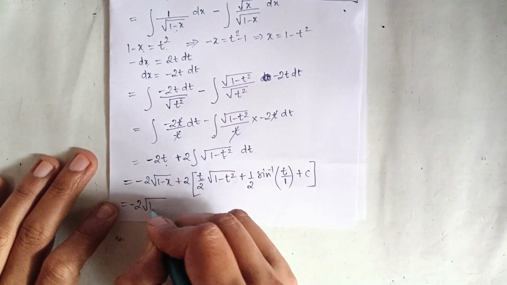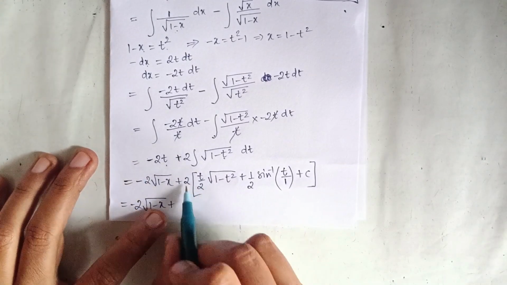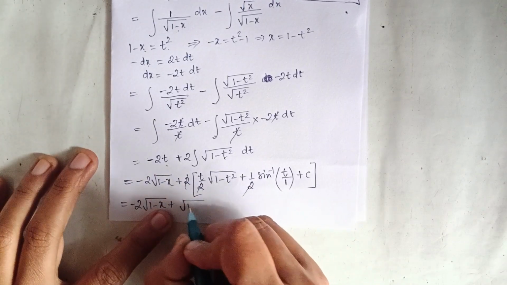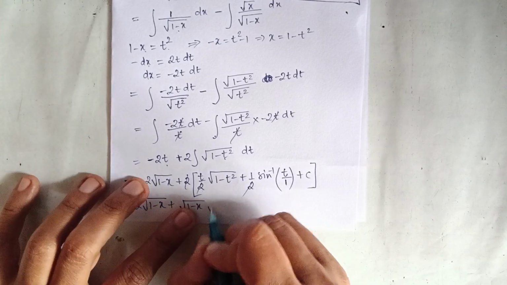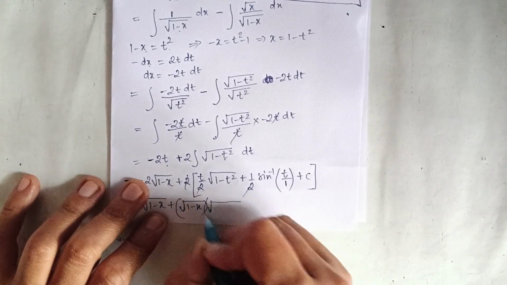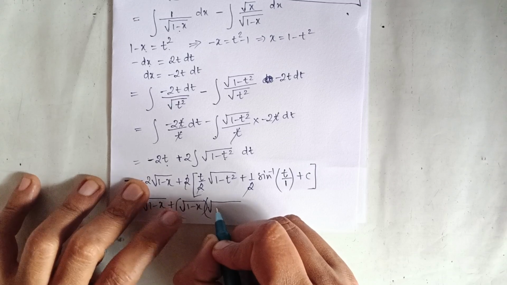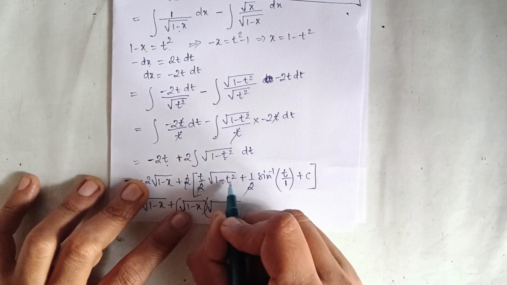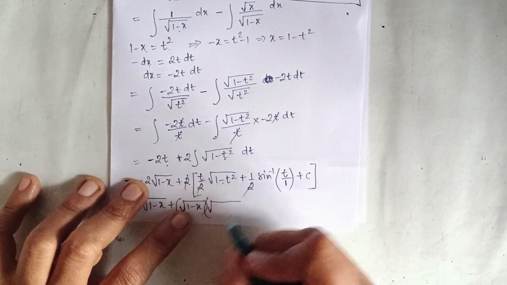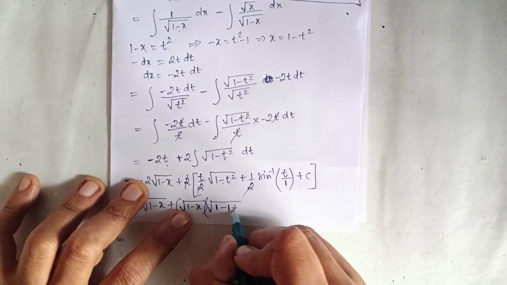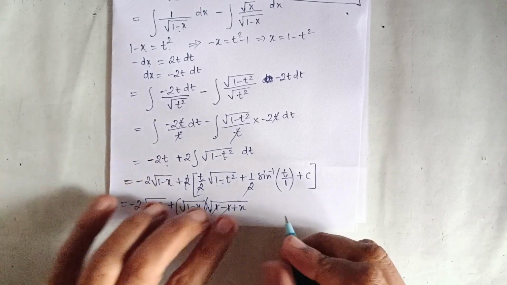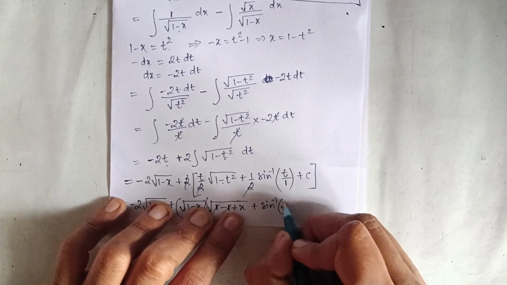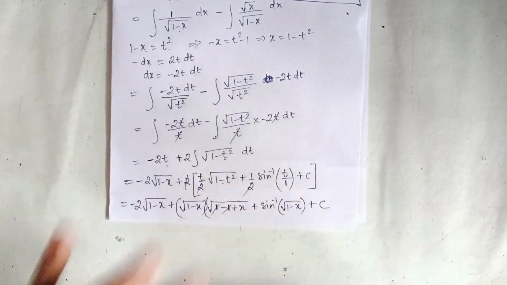So substituting our t, I am taking 2 inside, so this 2 gets cancelled. t is root of 1 minus x, t square is 1 minus x, so 1 minus 1 minus x, so 1 minus 1 plus x. So it will be root x plus sine inverse of root of 1 minus x, plus c. Okay.